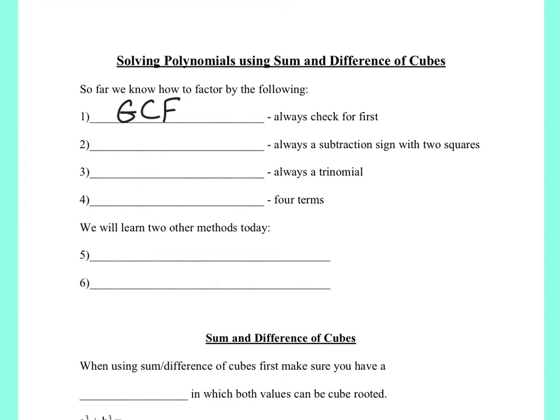The second thing we look for is when we have a subtraction sign with two squares. What do we call that? What we just did. Difference of squares. Good.